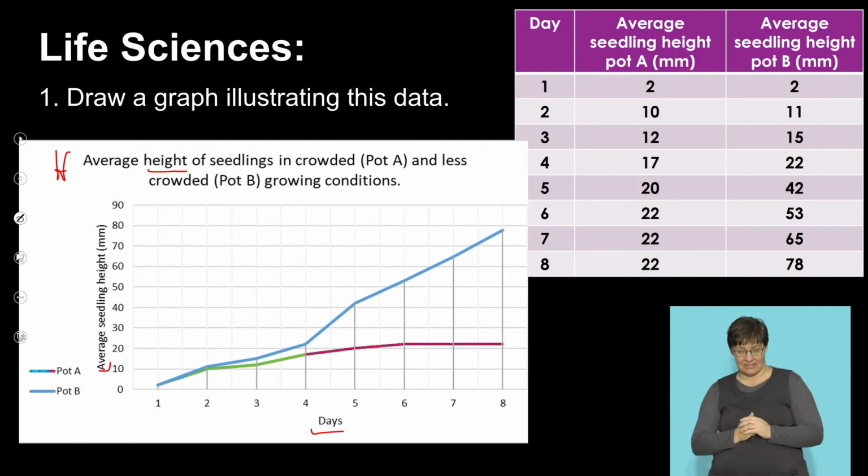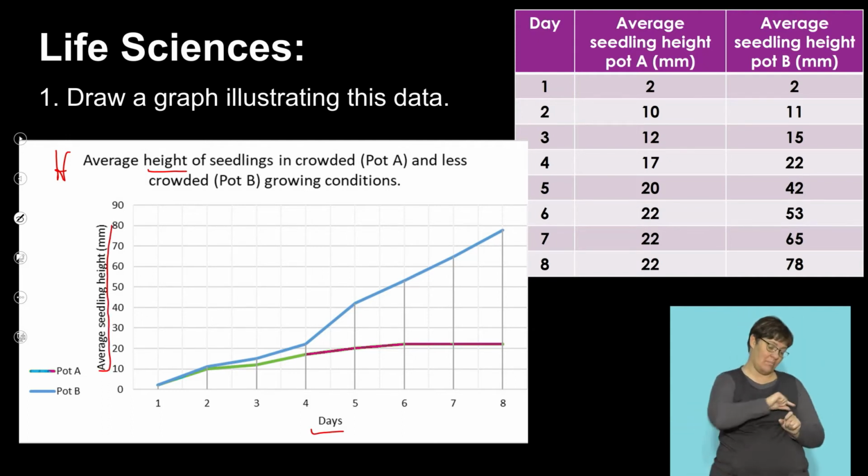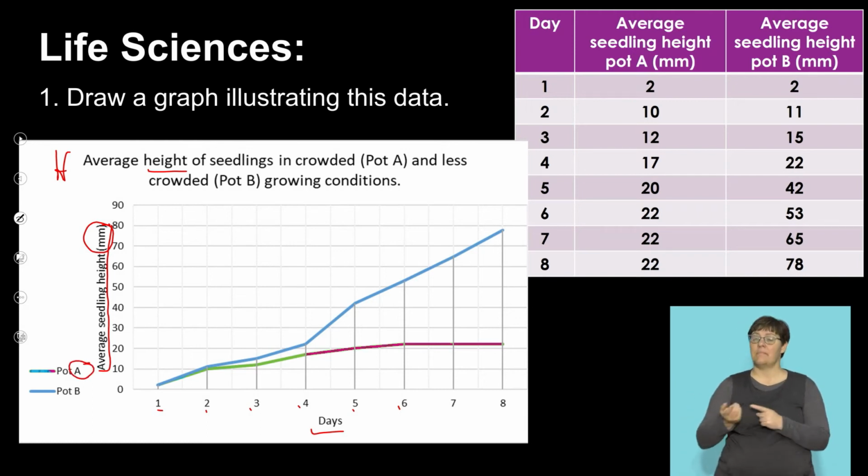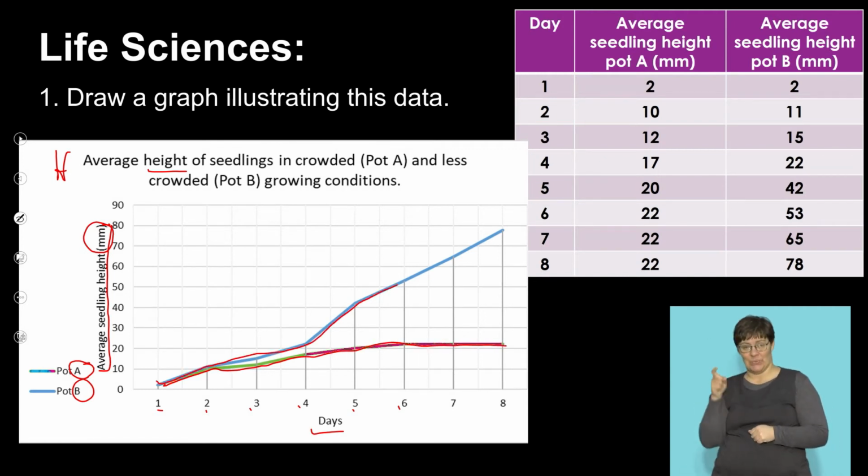I'm showing on my y-axis height of seedling, average height, in millimeters, and my days are just simply numbered along the x-axis. I'm also going to give an indication of a key. I'm going to show that pot A is going to be the green graph and pot B is going to be my blue graph.